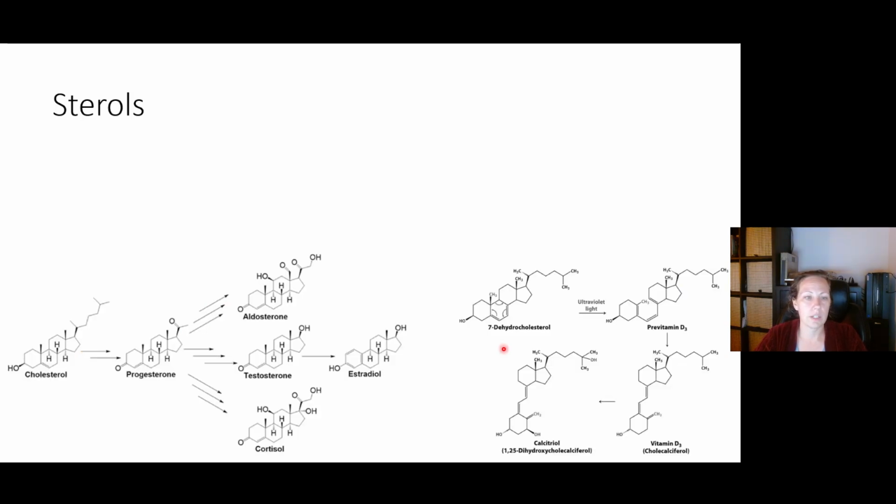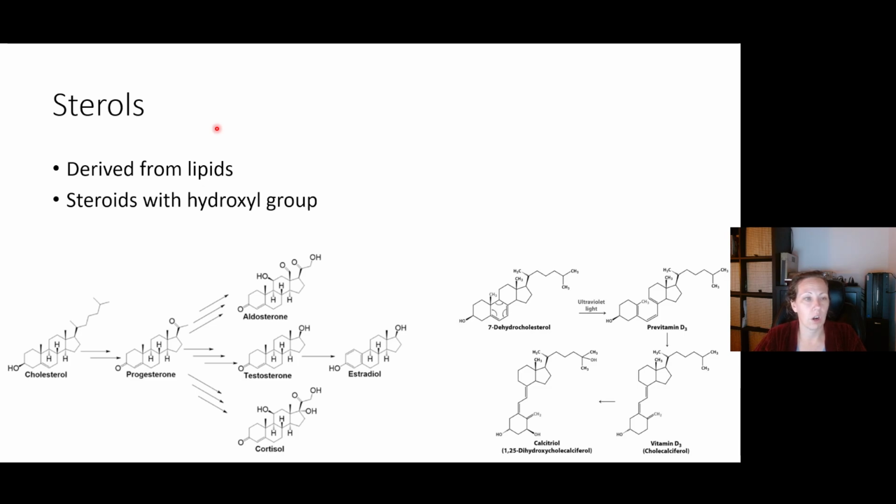Okay, and the third category of lipid is the sterols. These are derived from lipids. So we said that the lipids either include or are derived from fatty acids. Well, these are derived.